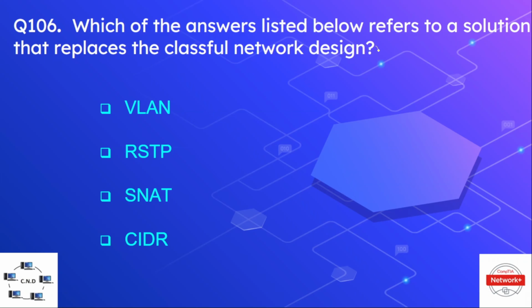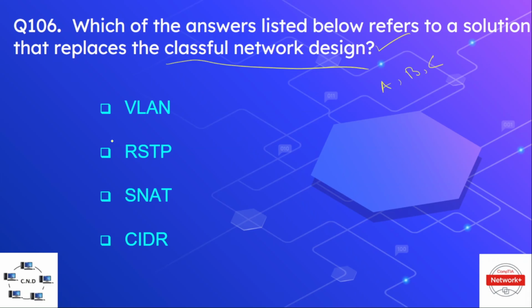Question number 106 is that which of the answers listed below refers to a solution that replaces the classful network design? So the classful network design is that where we use the classes to divide the address space, such as class A, B, and C. While in the classless, we don't use the classes. We can divide the network into any number of IP address spaces.